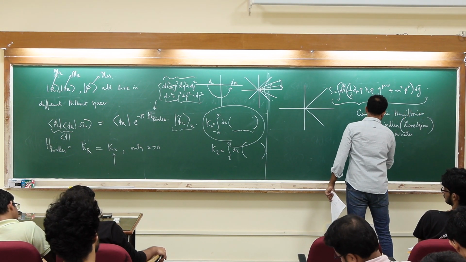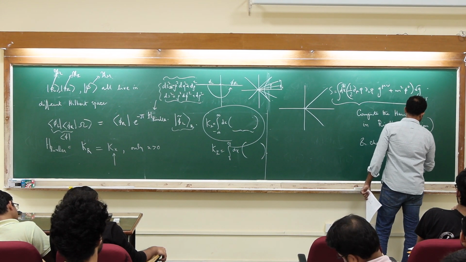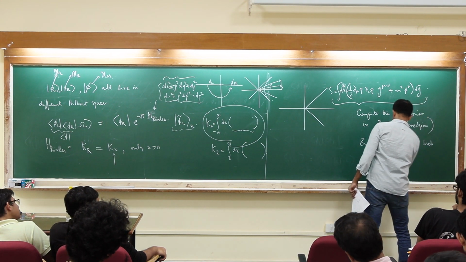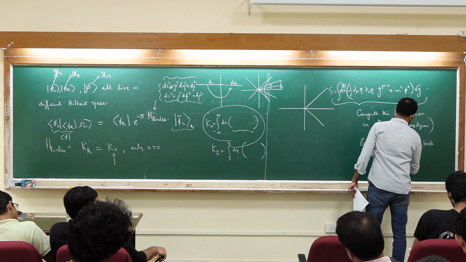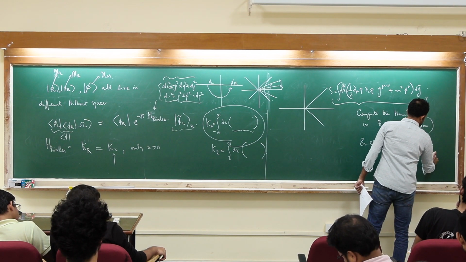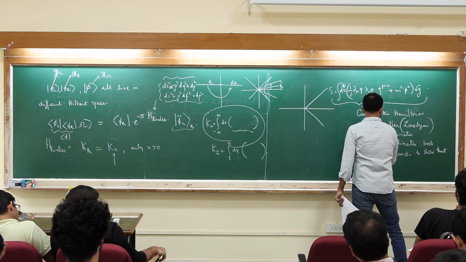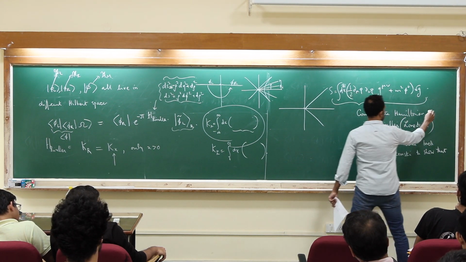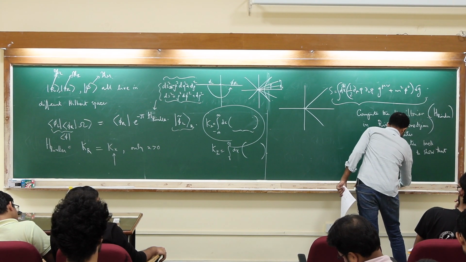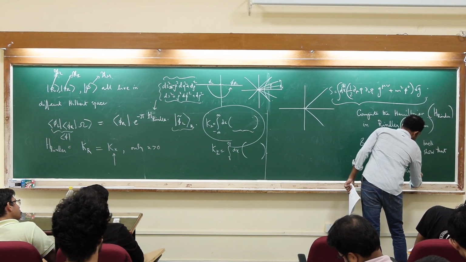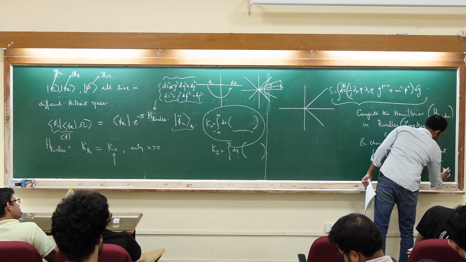And change coordinates back to Minkowski, to show that this is basically what we are calling H Rindler. Okay, compute the Hamiltonian H Rindler. Show that H Rindler is Kx, where x is always positive.